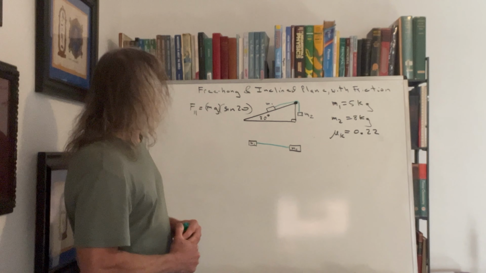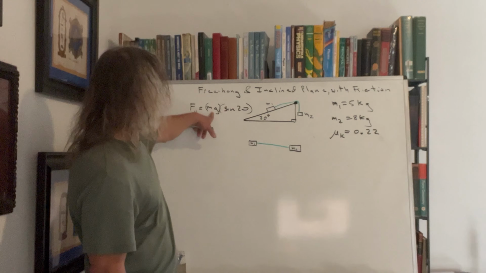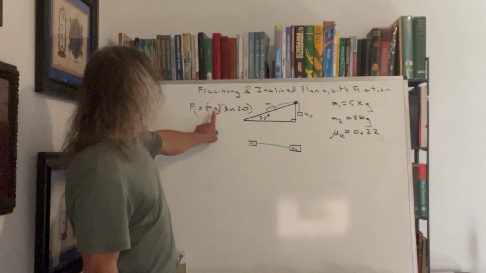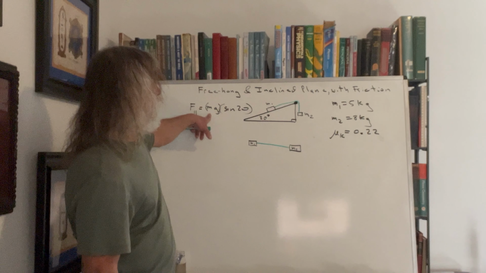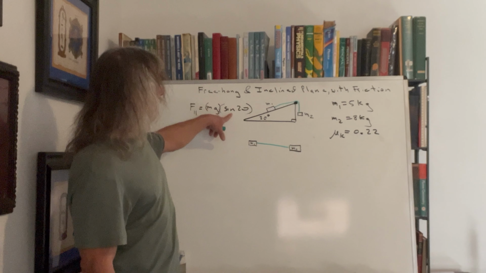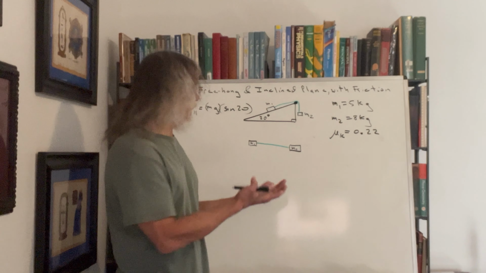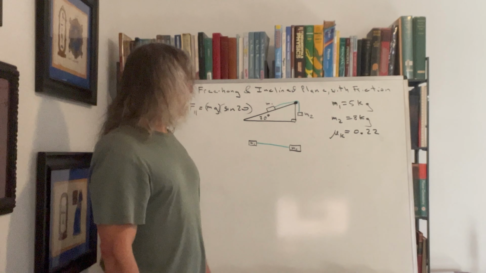So this would be our parallel, and we get 5 times 9.8, reduced, and so clearly that force is going to be a lot less than this, so we know it's going to be going to the right.